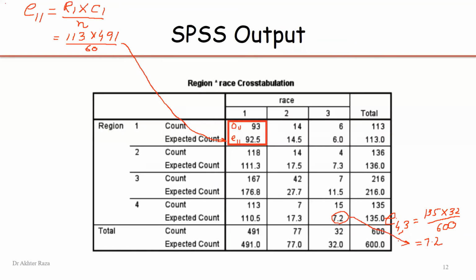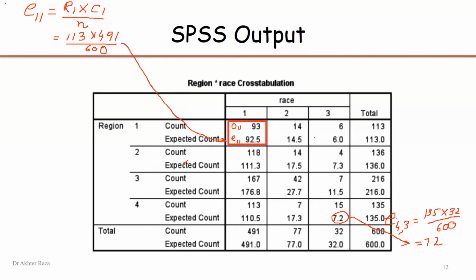This is 600, not 60, because the total count is 600. In this way all expected frequencies are computed, and we can judge whether the expected frequencies are larger than 1 or not.